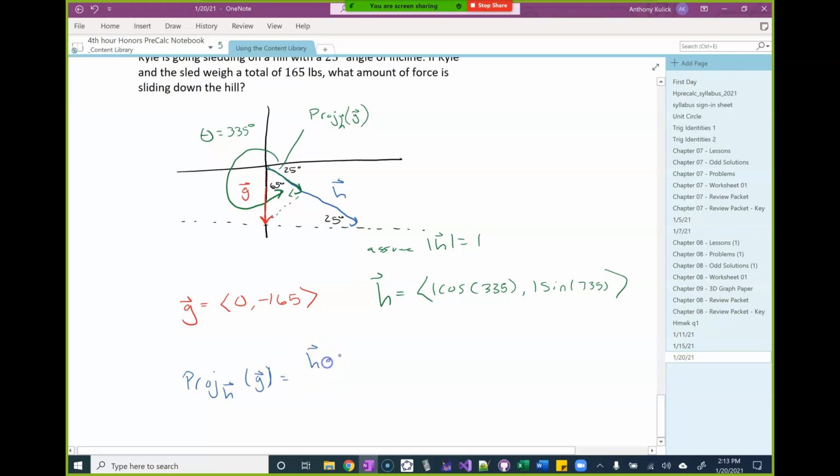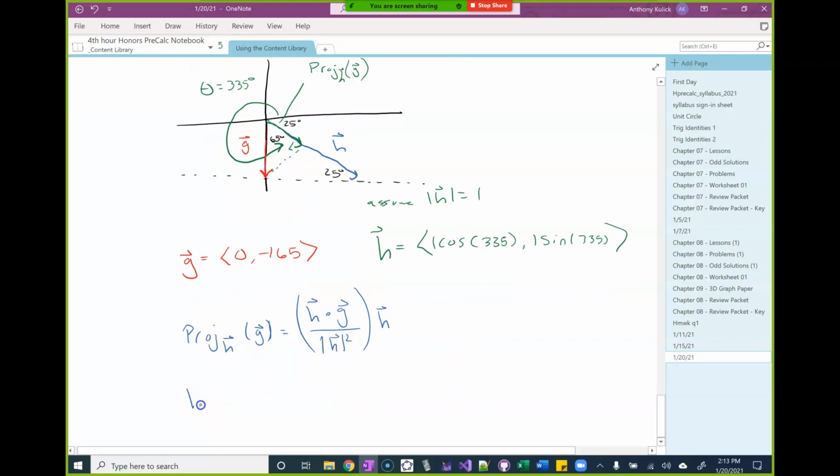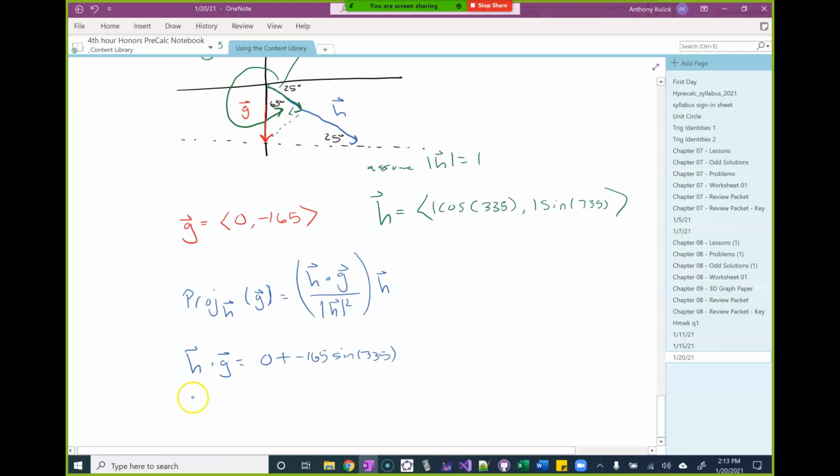So projection of G onto H is just going to be 0 plus negative 165 sine 335. And the magnitude of H is just going to be 1, as we said earlier. So when we plug this in, we have just negative 165 sine 335. If you want to turn that into a decimal, you could. I'm just not interested in doing that.